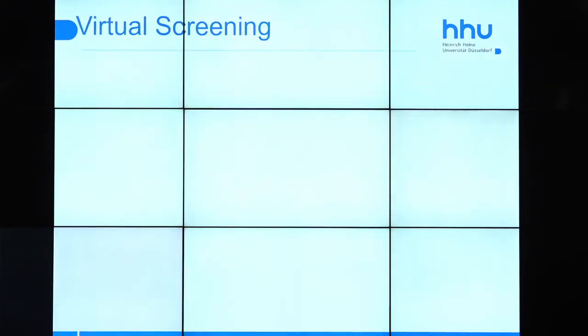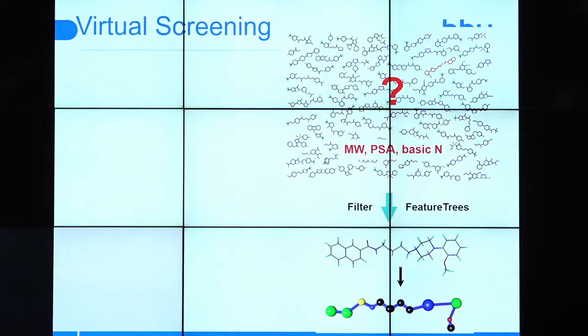Yeah? So virtual screening is taking a lot of compounds and screening these compounds in this way. At the moment, we are at the stage where ultra-large screenings are performed. Ultra-large screening means 10⁹ compounds. Yeah? So more than 1 billion compounds can be screened in one screening round within a few weeks. So you must not take the whole structure.